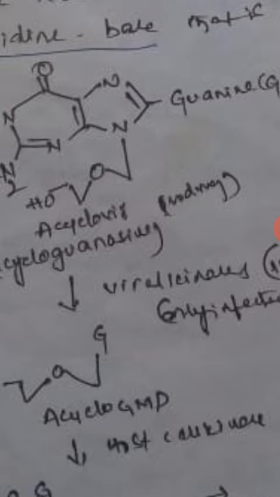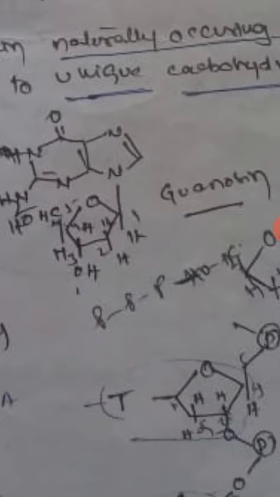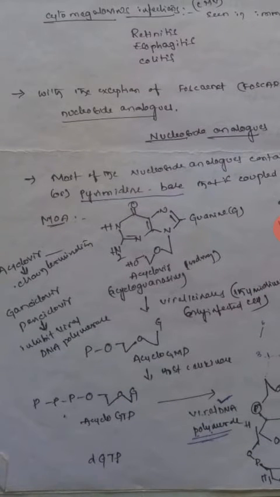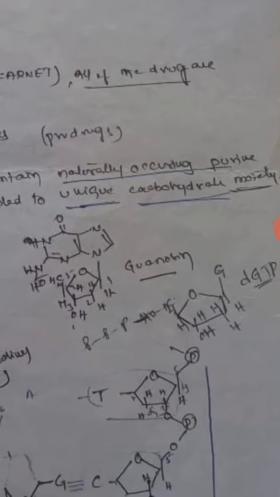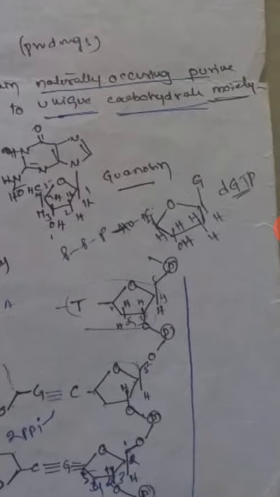This is the only difference between guanosine and our drug. Then what happens? Generally, in the case of guanosine, a natural nucleoside, it undergoes a process: guanosine is converted into guanosine monophosphate in the presence of host cell kinases. What is meant by kinase? Kinase just adds a phosphate group to the substrates.